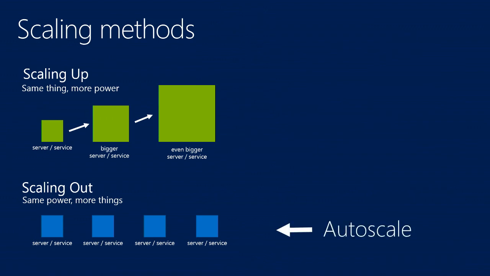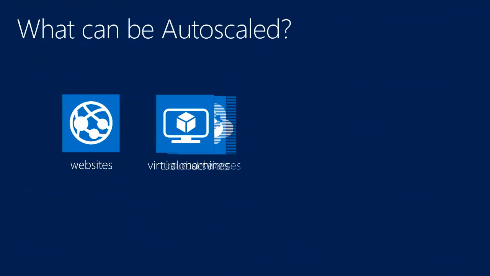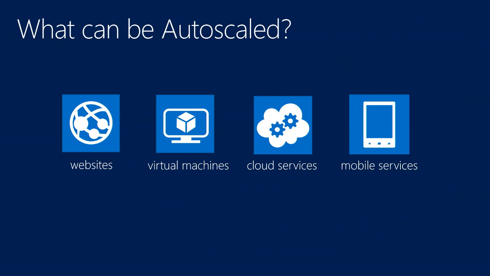And this is the type of scaling which Autoscale does. So what can be Autoscaled? These 4 services. Azure websites, virtual machines, cloud services, and mobile services. In the Azure Management Portal, you actually see that there will be an Autoscale option under the Scale tab for each of these.